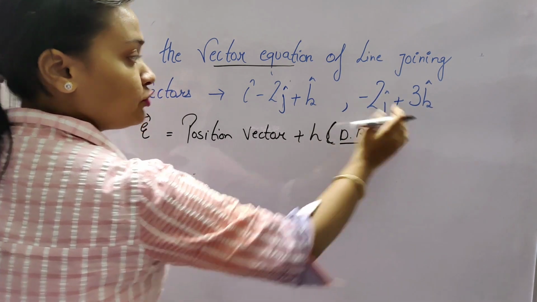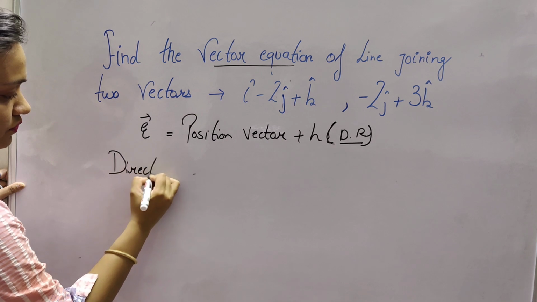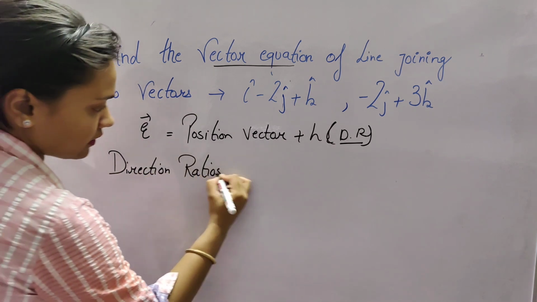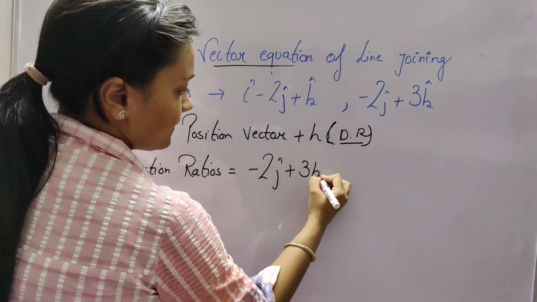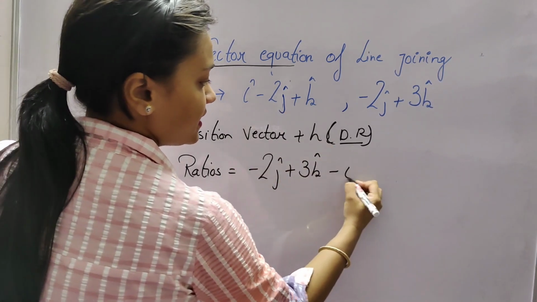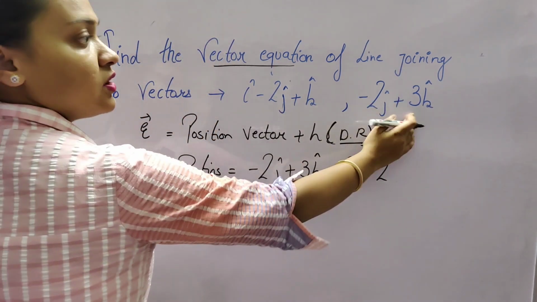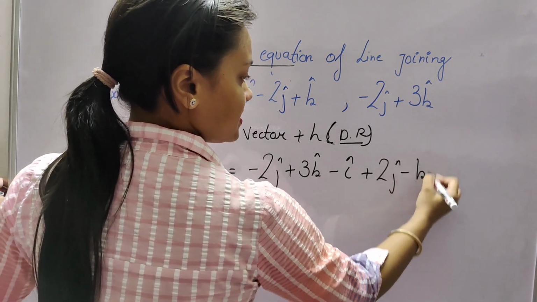You simply have to first write direction ratios equals minus 2j plus 3k minus i plus 2j. We are just going to subtract this from this: 2j minus k.